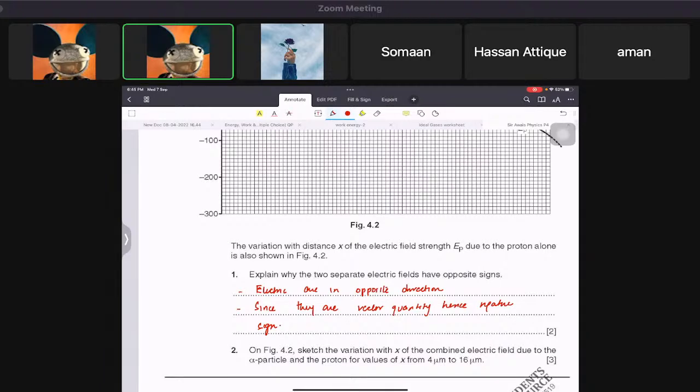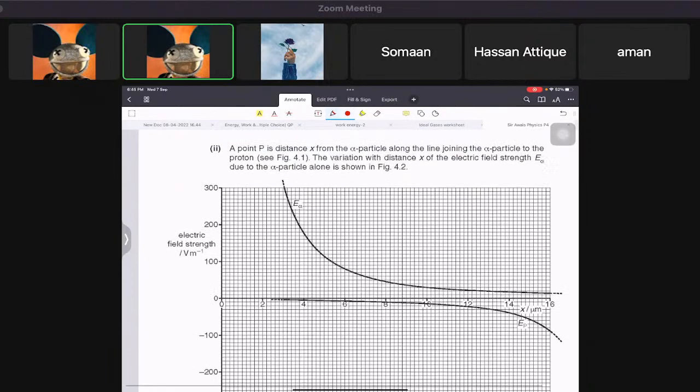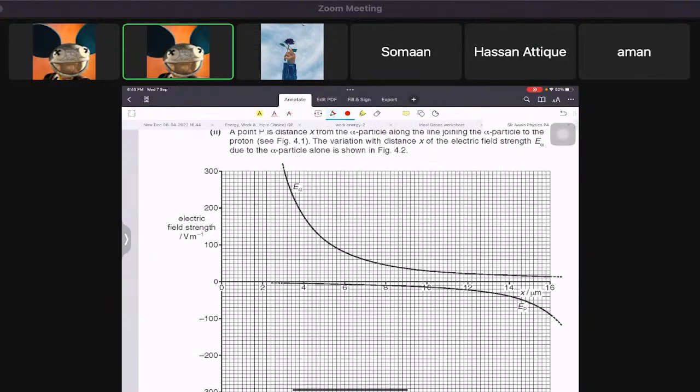Now, keeping that in mind, it says sketch the variation with x of the combined electric field due to the alpha particle and proton for 4 micrometers to 6. We have already done it in class, but I'll do it again. So till 4, you're going to see where exactly they have the same value.